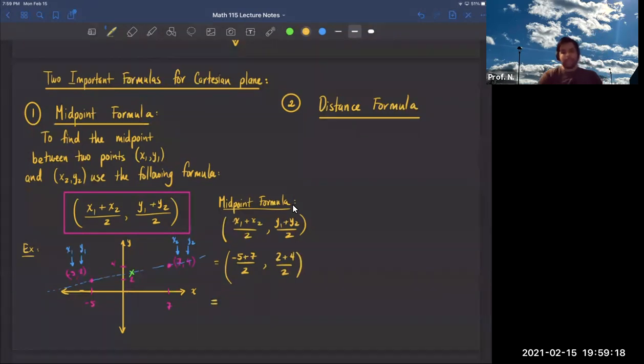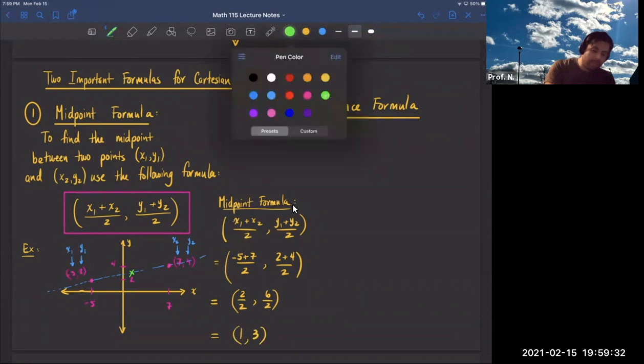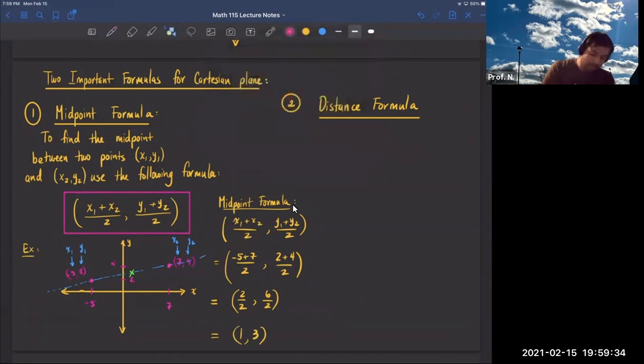So when I add -5 plus 7, I get 2 over 2, and when I add 2 plus 4, I get 6 over 2. But 2 over 2 is 1, and 6 over 2 is 3. So this here is my midpoint. See, these are the coordinates of the midpoint.